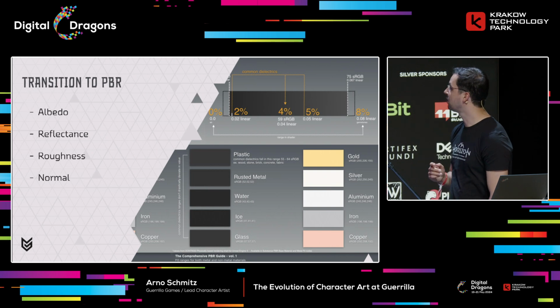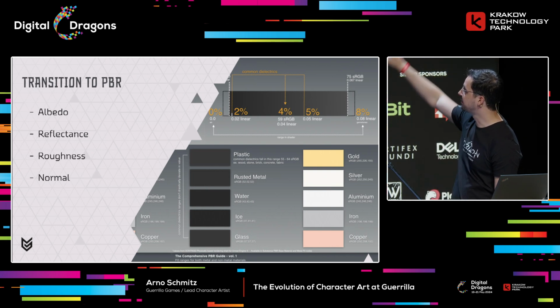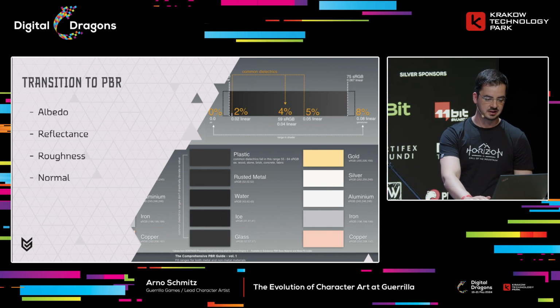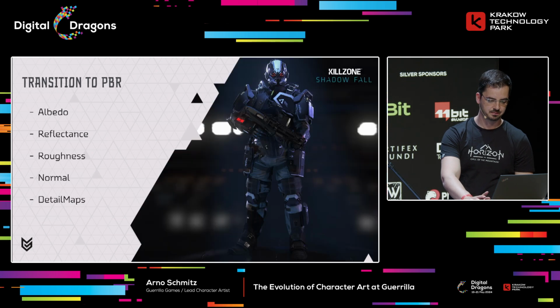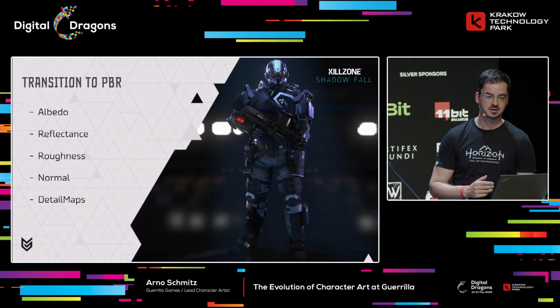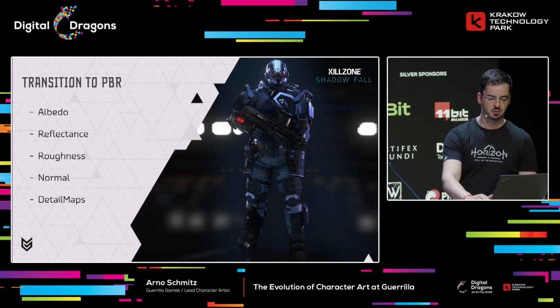Around that time, there were a lot of guides with measured values for things like metals and dielectrics, and these served as a baseline for our texturing pipeline. And then, of course, there's also the addition of detail maps. These are, in my opinion, what really makes the characters look next-gen.